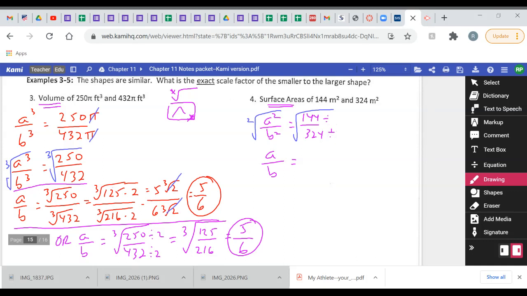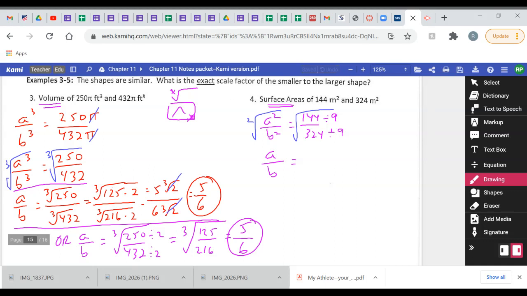I went ahead and said, okay, well, I know 9 goes evenly into both of these. The way I know 9 does, if I add up 1 plus 4 plus 4, I get 9. So since the sum of those digits is divisible by 9, I know the whole number is divisible by 9. If I add up 3 plus 2 plus 4, I get 9. So again, since those 3 digits have a sum of 9, I know the whole number is divisible by 9.